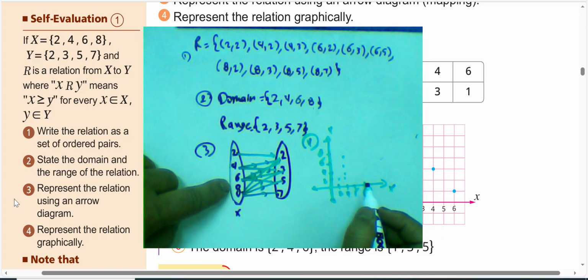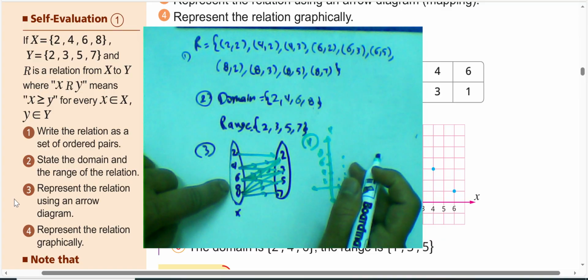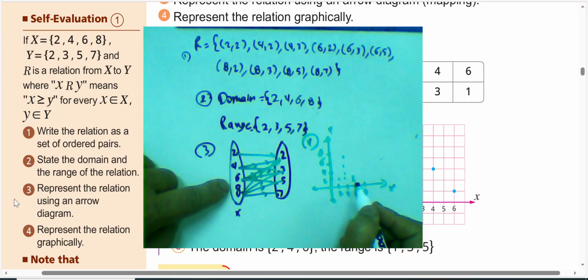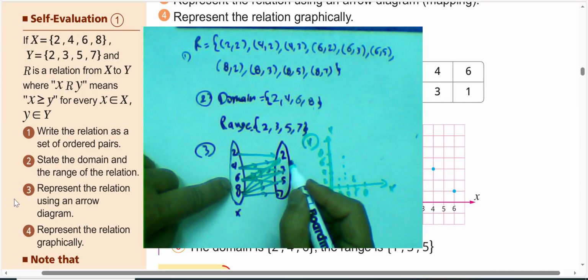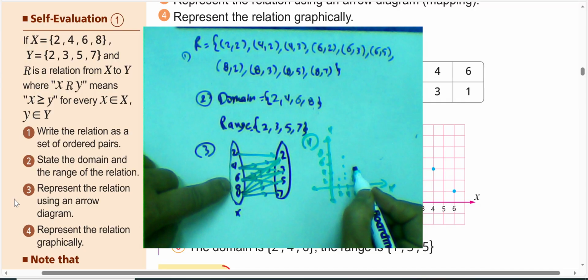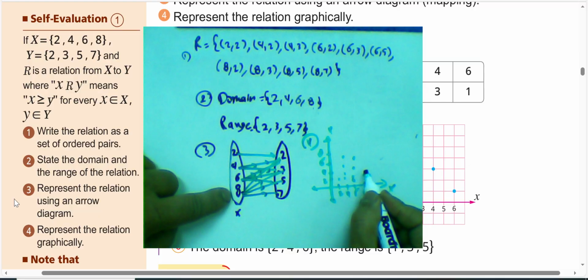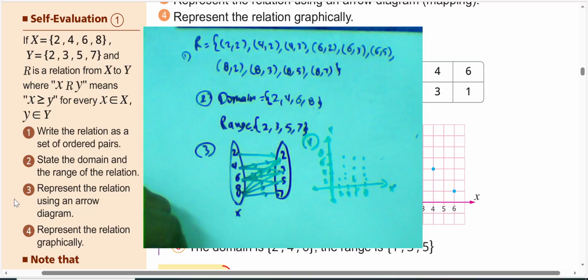For 6, the images are greater than 2, and 3 and 4, we have 2 and 3 and 5 and 7, and 8 is greater than all the digits here. This is the Cartesian representation of the relation graphically, okay.